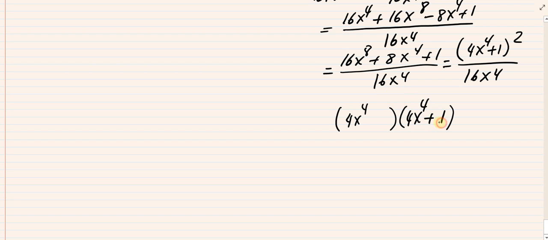And then two numbers multiply to 1 to get the last term. So I'm going to go 1 and 1. The O and the I in FOIL will give us 4x^4 and another 4x^4 makes it 8x^4. So you can actually factor it this way. That's how I got to the last step here. Good.